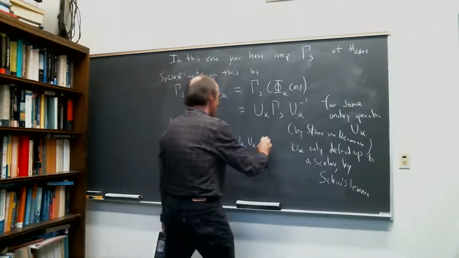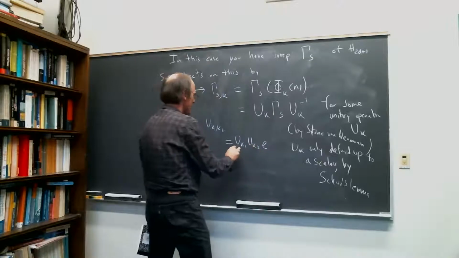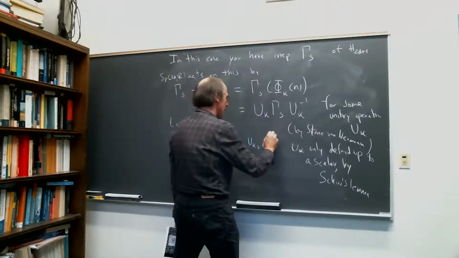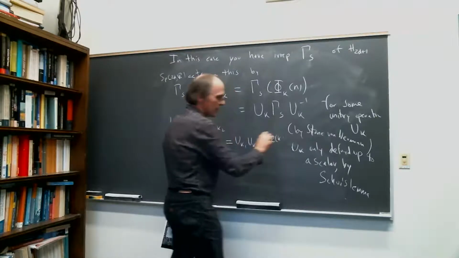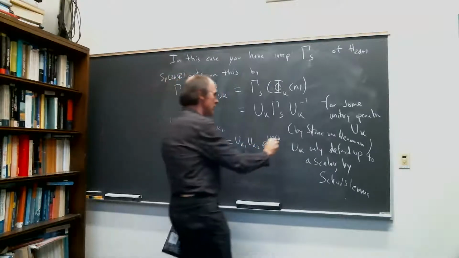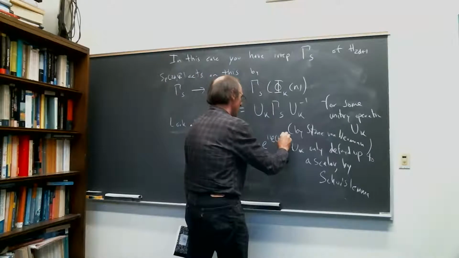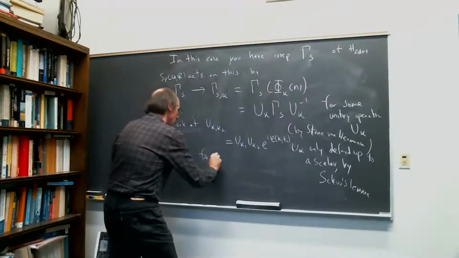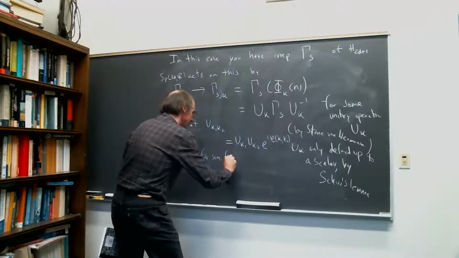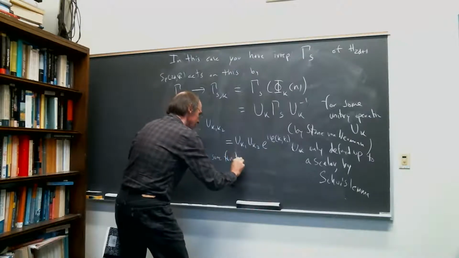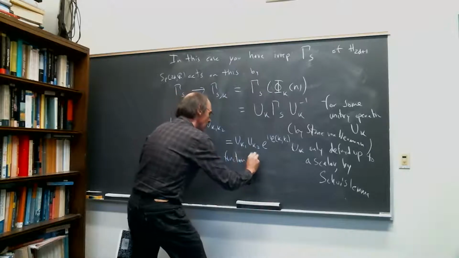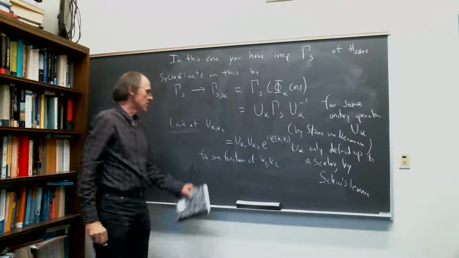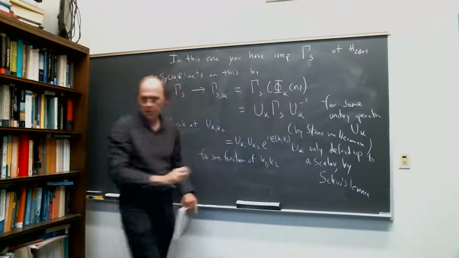So what you actually have is that if you multiply these, there's some scalar e^{iθ}, and the scalar has to be pure imaginary because they are unitary, for some function of K1, K2.